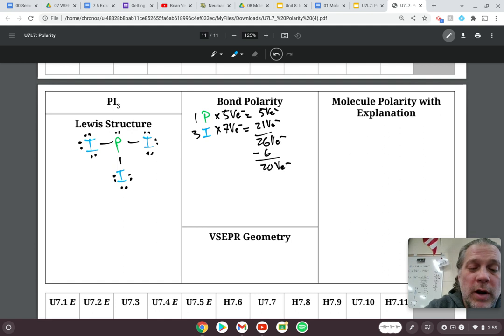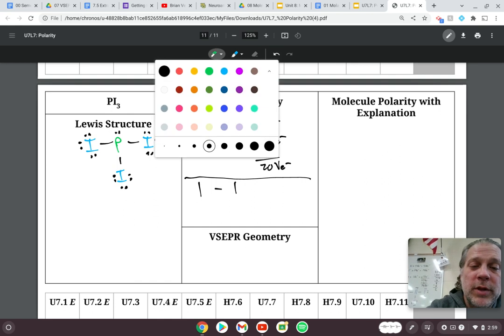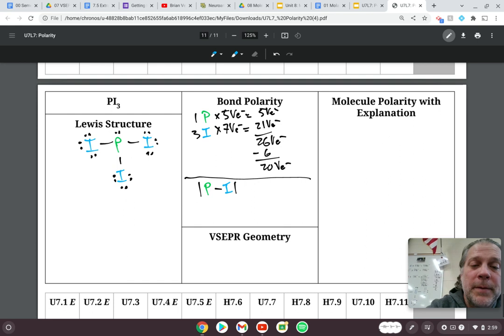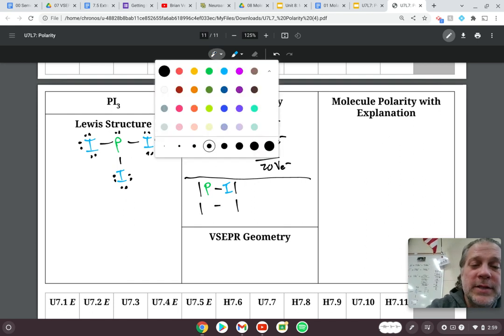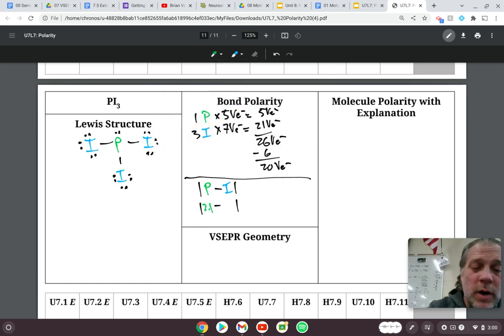So now we're going to go ahead and figure out the electronegativity difference here. And in this case, we're looking at the relationship between phosphorus and iodine. And I can see that phosphorus has an electronegativity of 2.1.